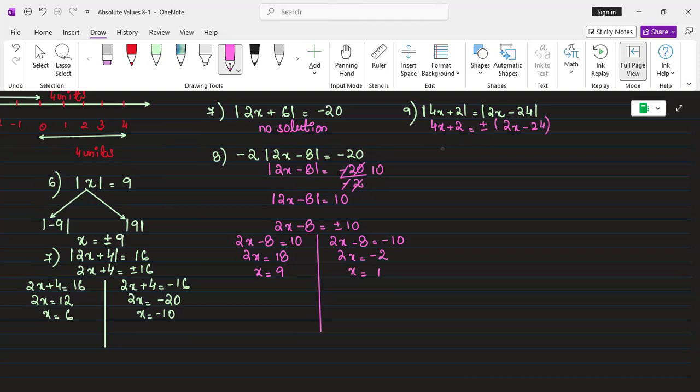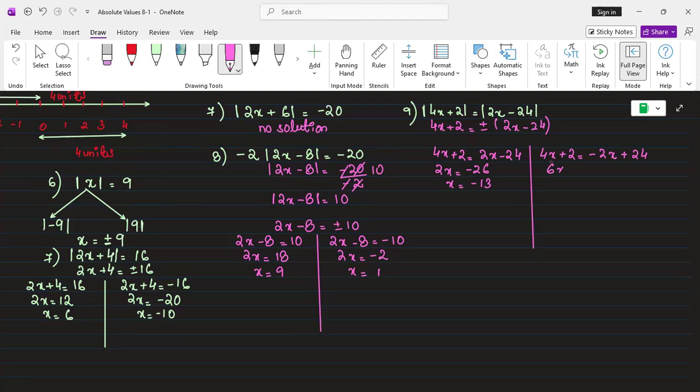And then write it down as 4x plus 2 is equivalent to 2x minus 24, or 4x plus 2 is equivalent to minus 2x plus 24. Now bring 2x here, and send the 2 there: 2x is equivalent to minus 26, x is equal to minus 13.